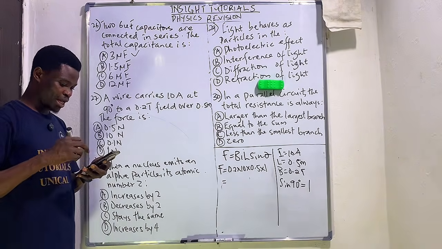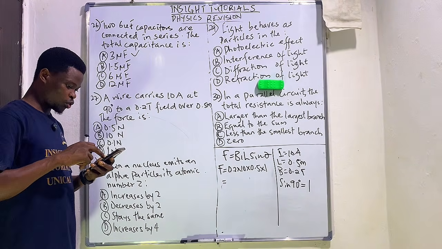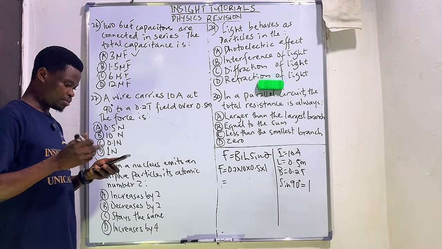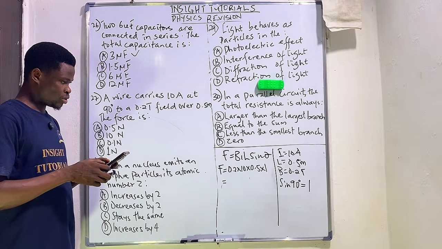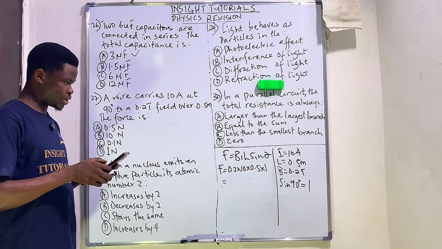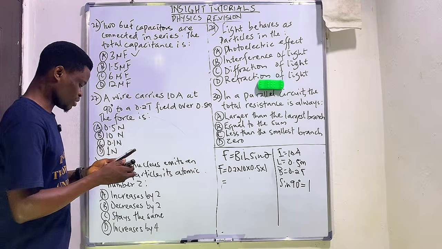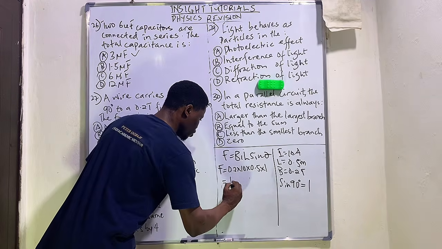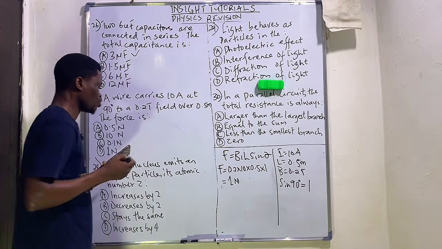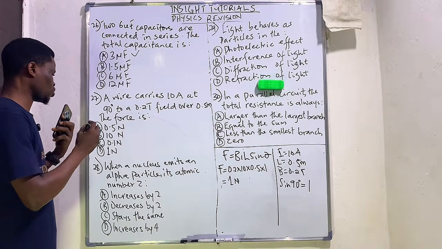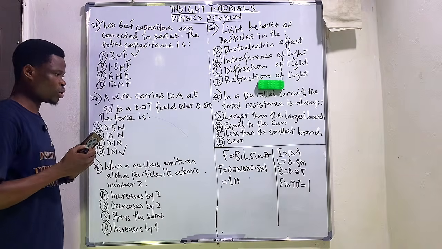If we multiply that all through, 0.2 times 10 times 0.5, we have 1 Newton. So the correct option to this question is option D, which is 1 Newton.